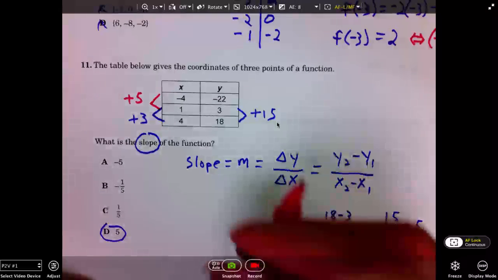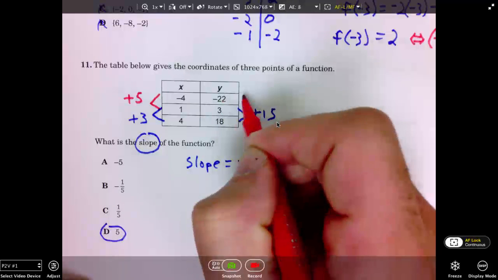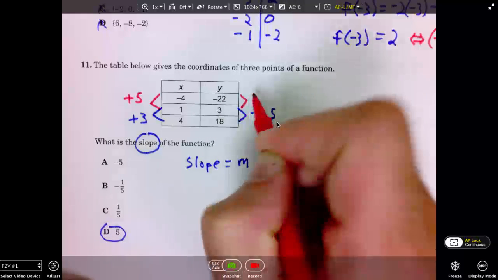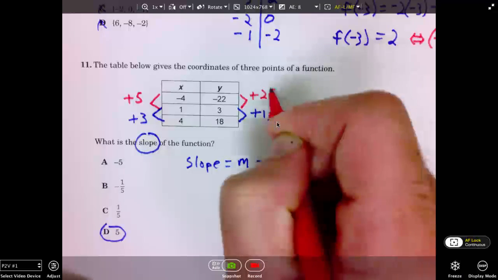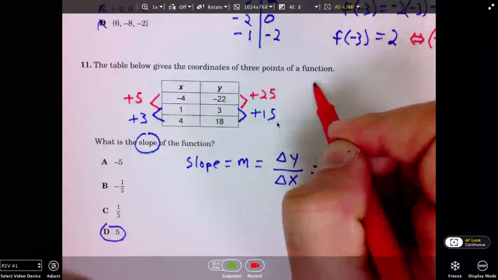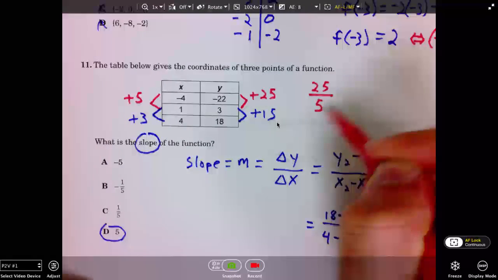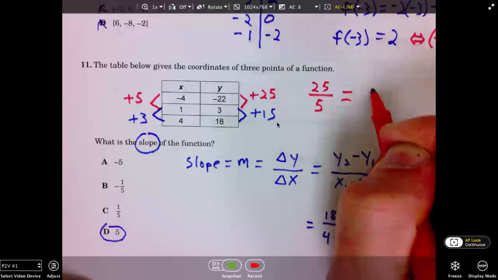Well, the change from negative 22 to 3, 3 minus negative 22, using your calculator, will be a plus 25. Now examining these two changes, change in y, 25, positive, change in x, 5. 25 divided by 5 is also 5.